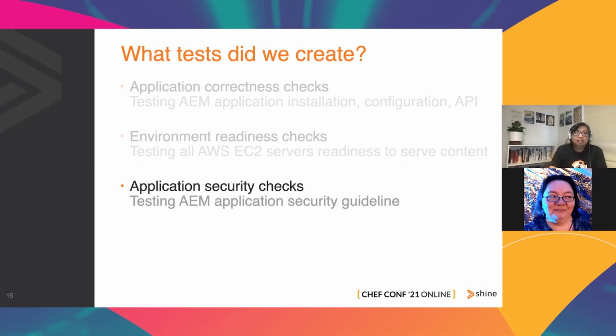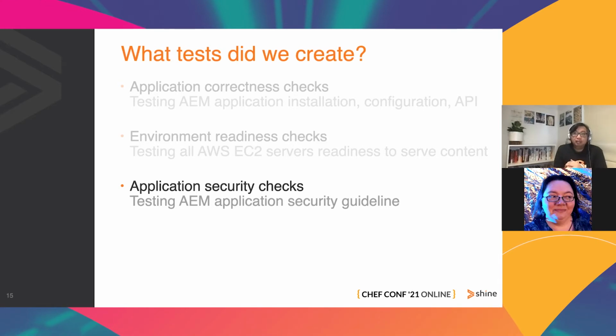And then the other type that we check is application security. Considering the security issue as one of the triggers for why we looked into adopting a testing framework for our infrastructure, we ended up writing these checks following the AAM application security guidelines.